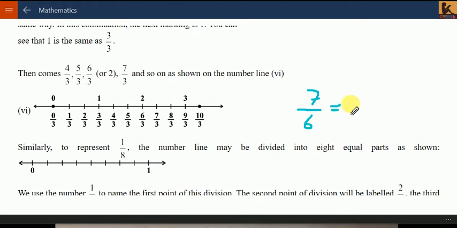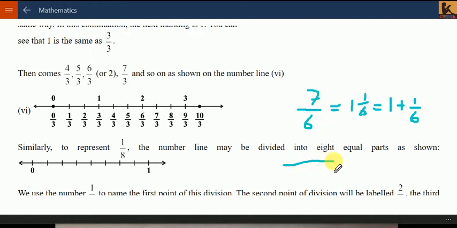That is 1 and 1 by 6. We can also write this as 1 plus 1 by 6. What does this mean? This means that there is a number on a number line, 7 by 6.